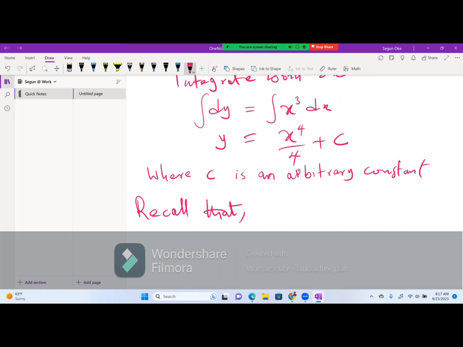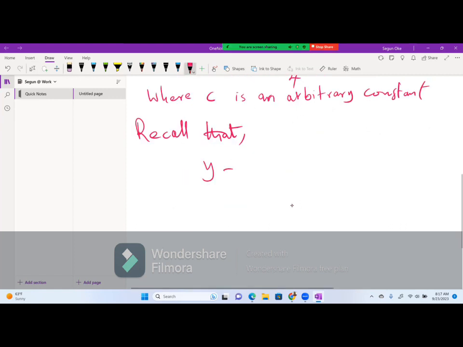Recall that when you have y equals x raised to power n, and you integrate y with respect to x, we have dy/dx equals x^n. Take dx to the other side: dy equals x^n dx, so I can integrate both sides.